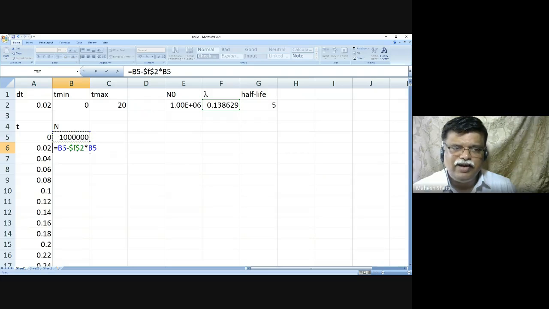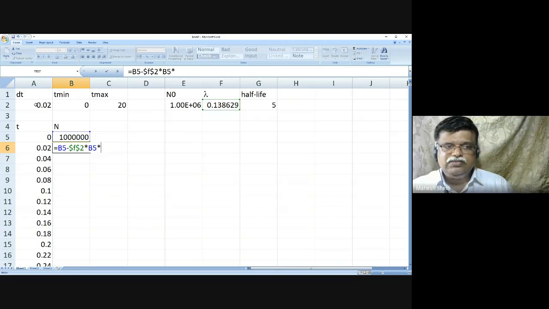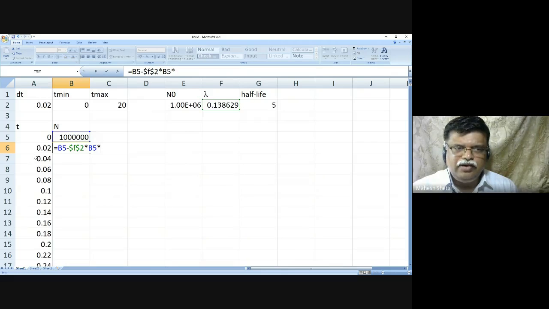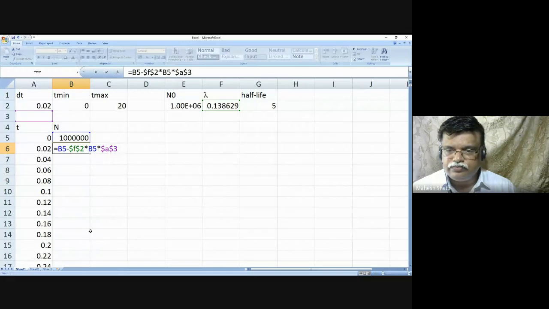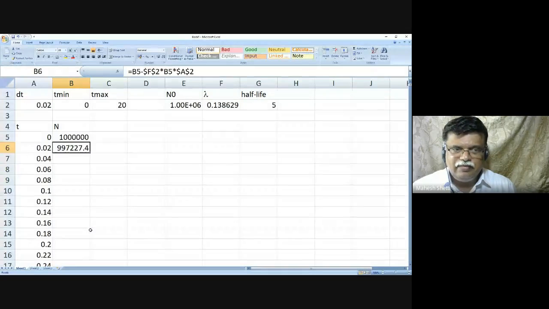You can look at the formula either here or in the formula bar, multiplied by dt, which is my time increment step. I don't have to calculate it from t1 minus t0. I can straight away pick it from this point because I'm going to keep that constant. So it is $A$2. Okay, I have written this.